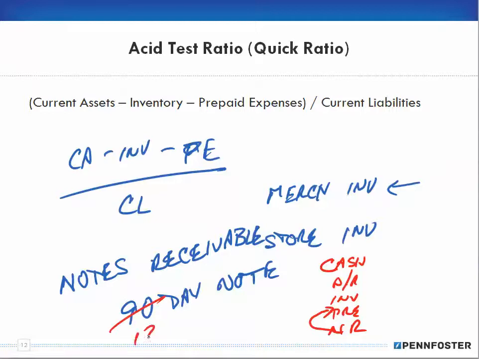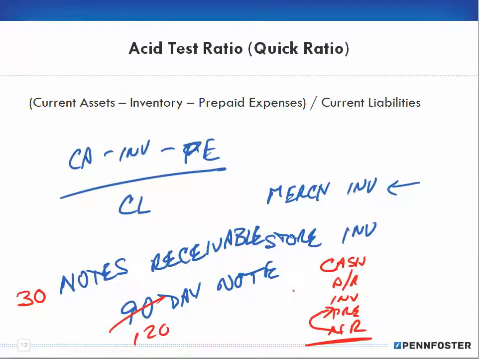Maybe it's not 90 days, maybe it's 120 days, okay? In one circumstance, that would be included under the current ratio, regardless if it's a 30, 60, 90, or 120 days, because it's less than a year. But what if that notes receivable was only a 30-day notes receivable?